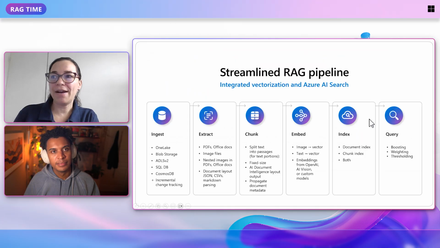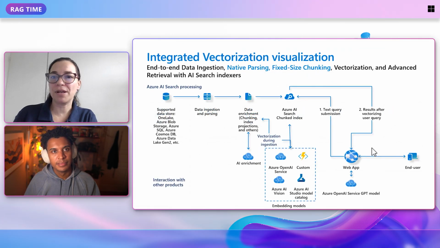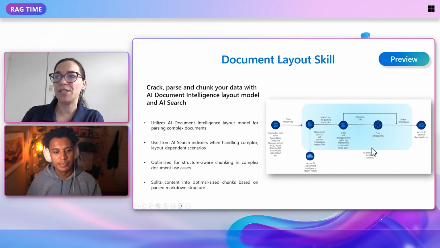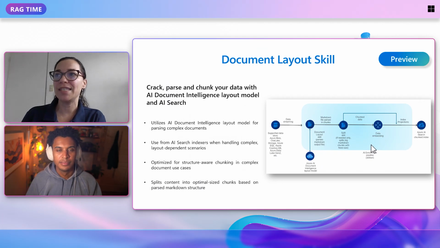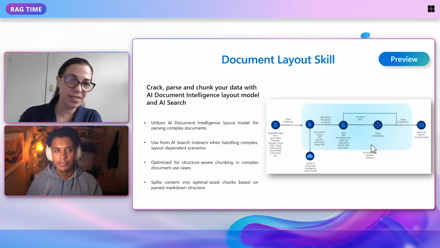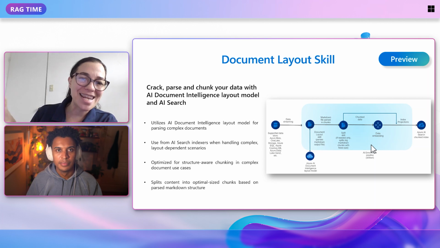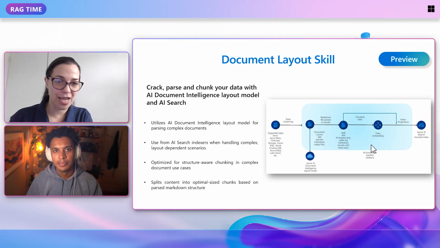So we have, as part of the process of integrated vectorization, calling other services like you've mentioned. In this case, document layout, as part of the layout model for Document Intelligence, you can call directly as a native service from Azure AI Search.